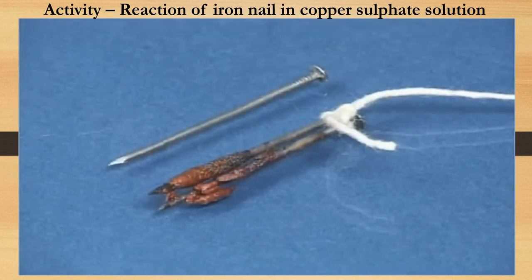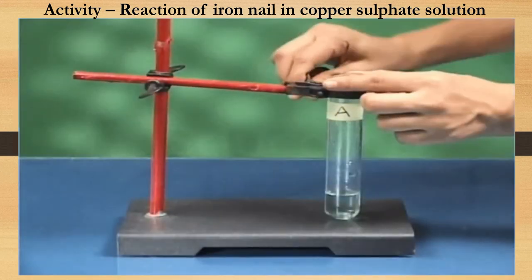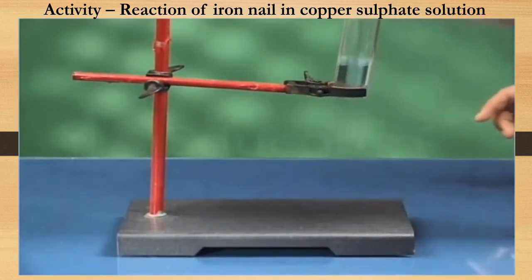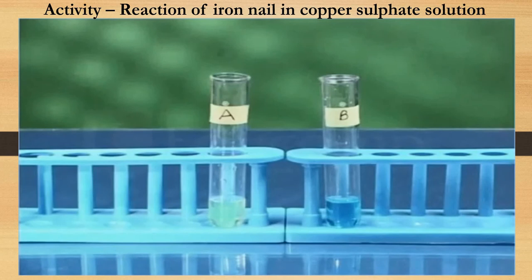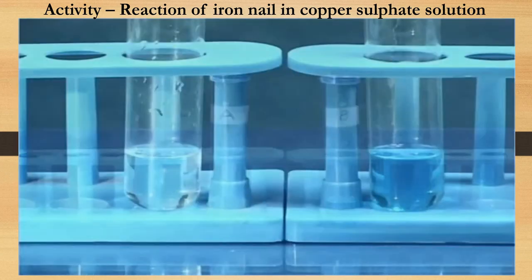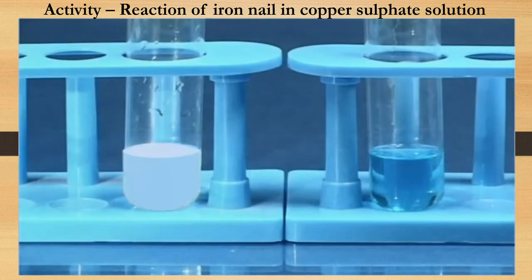Examine the surface of both the nails, the one which is not used and the one which we have kept in the copper sulfate solution. You can observe that the copper deposition is easily seen on the surface of the iron nail. Take the test tube A, keep it aside near the test tube B, and now examine the intensity of the color of the solution in both the test tubes.